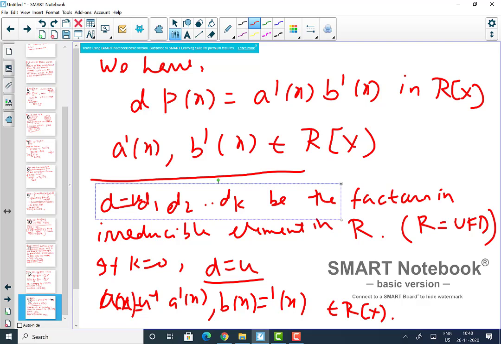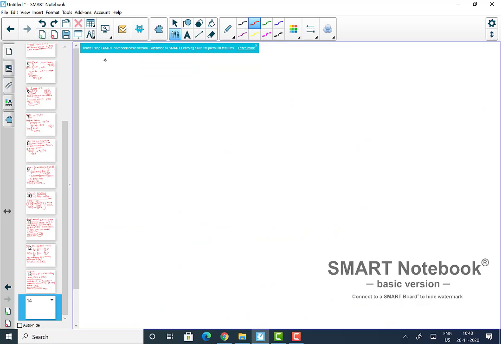Now when k equals 1, what happens? This is induction. If you prove it for k equals 0, then you can prove it for k equals 1. Let me assume that this is true for any k.